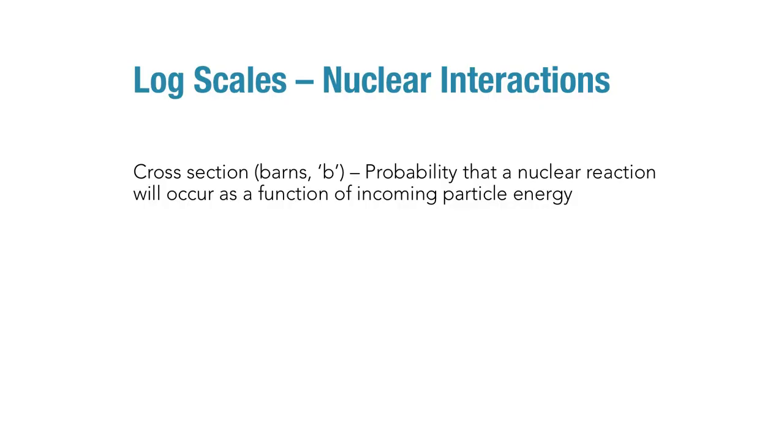I'm going to define a quick unit called a barn, which is the unit of a cross-section, or in English, the probability that a nuclear reaction will occur as a function of incoming particle energy. We have to graph this energy over the full range of possible neutron energies in a reactor, which ranges from a little meV, or a milli-electron volt, all the way to about 10 MeV, or million electron volts.